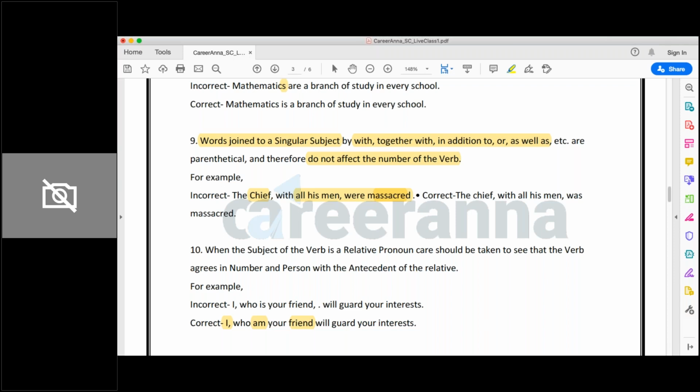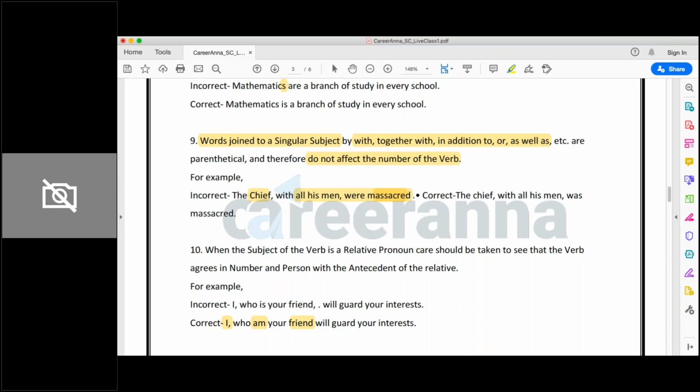I will not go with the noun which is succeeding it. Antecedent means preceding. I will go with the antecedent of the relative, that means the noun which is preceding my relative pronoun.